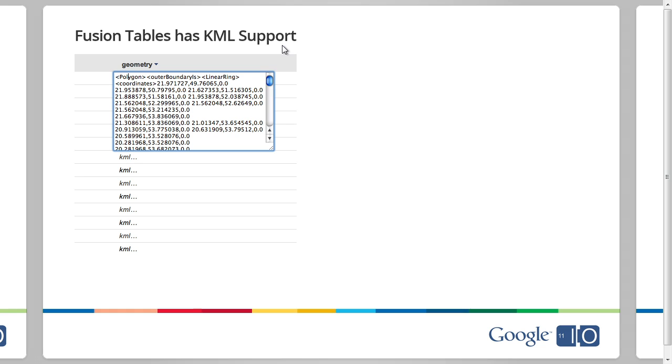The point here, though, is Fusion Tables supports KML. When you're creating KML and uploading it to Fusion Tables, be aware that it's a smaller subset of KML than even the Maps API supports. It's basically just the geometries.